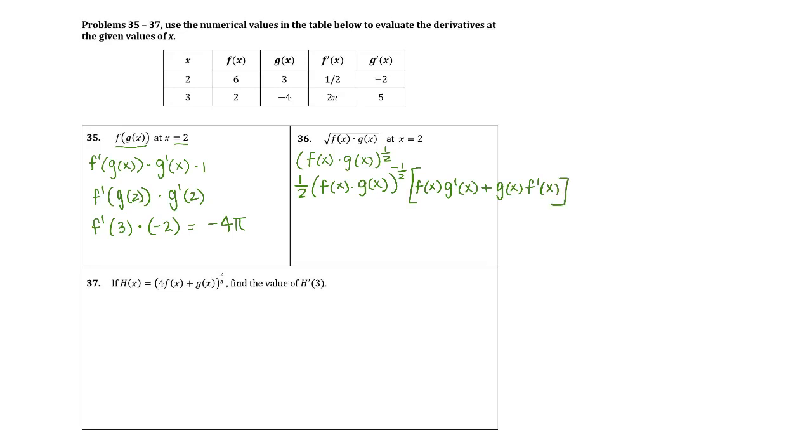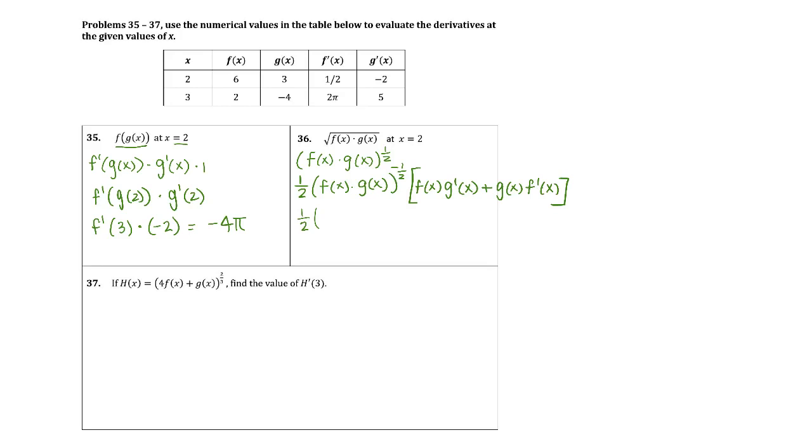All right, and so we're ready now to sub in 2. Now we have quite a bit of stuff here that we're going to have to plug into, so be careful with this. We're going to have 1/2 times, and if we do f at 2, let's go see what f at 2 is going to be. 6.